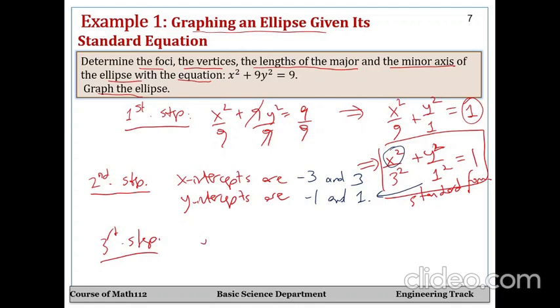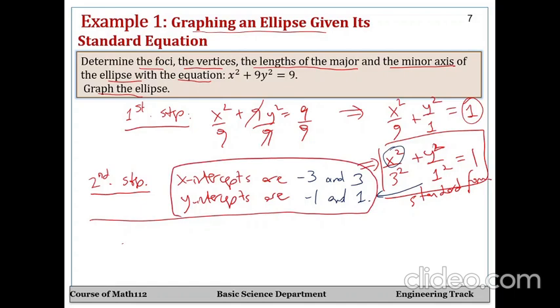But before doing that, it's better to look at where the foci are: on the x-axis or y-axis, and where the vertices are. Only these two pieces of information are enough, especially this one, to figure out the rest.